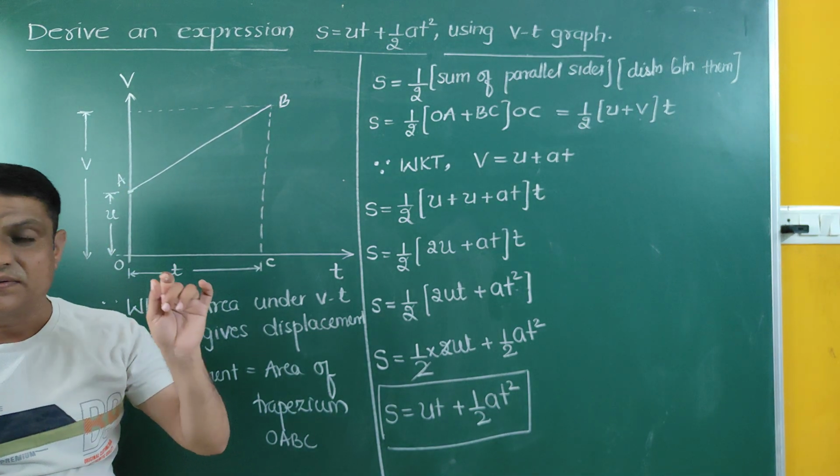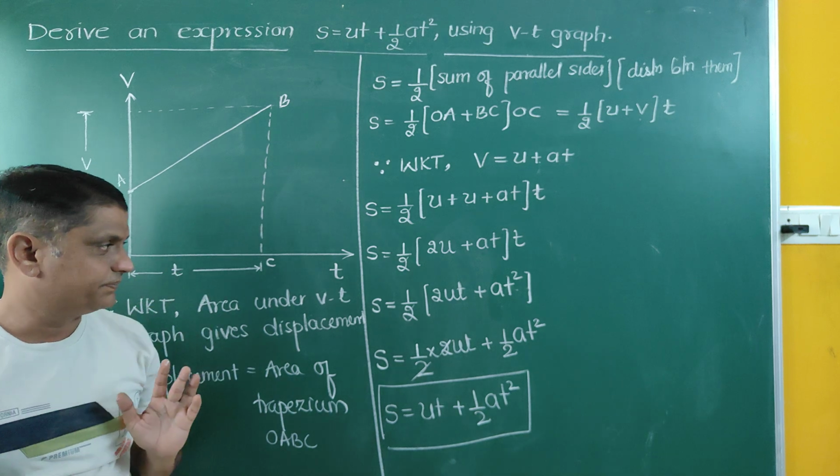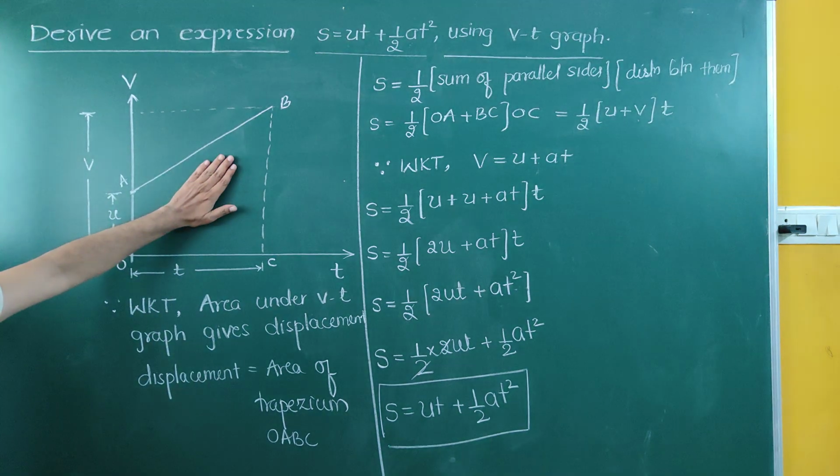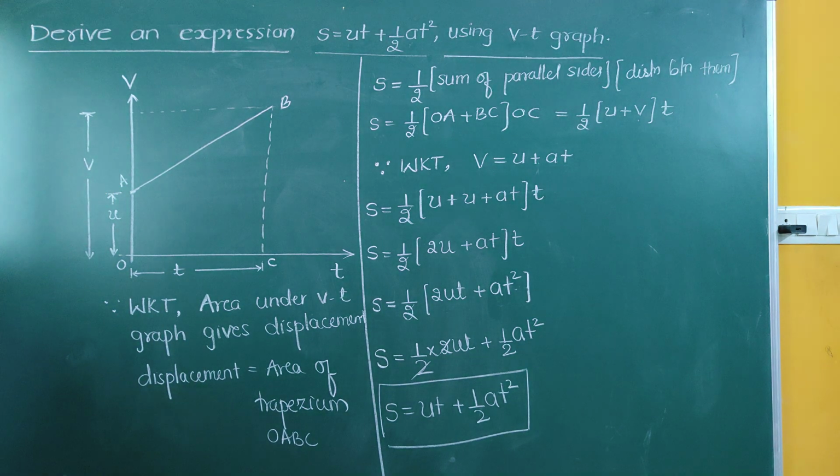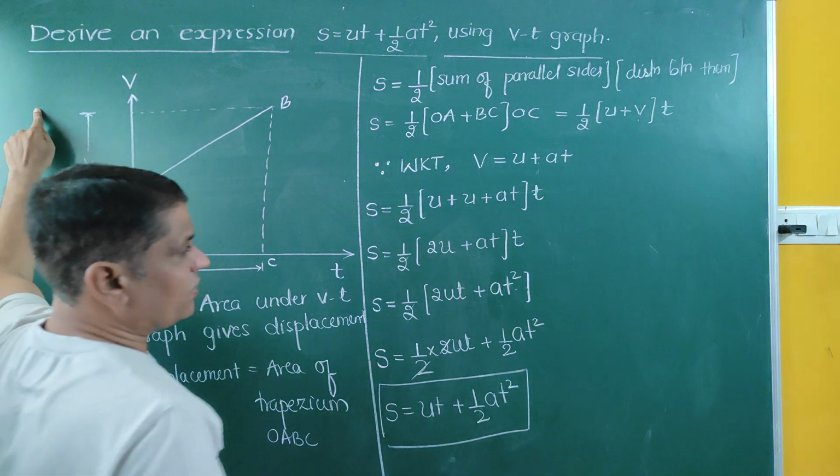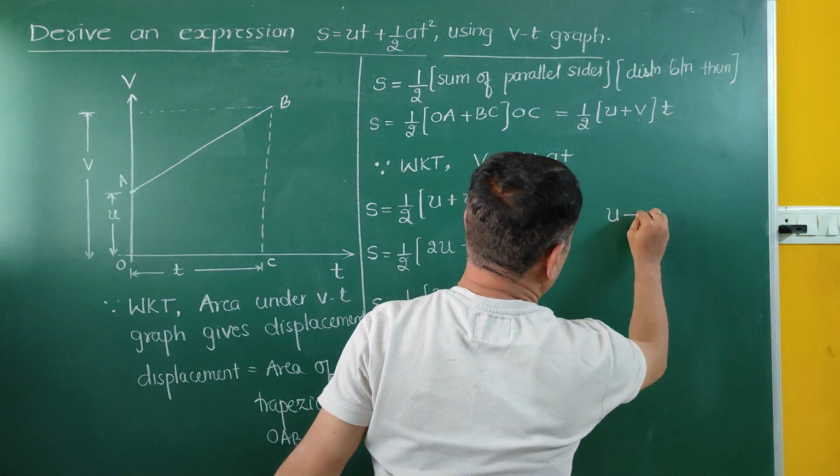Pause the screen and note down. Here, the explanation is simple. You must write U means initial velocity, V means final velocity, or write like this with an arrow mark.